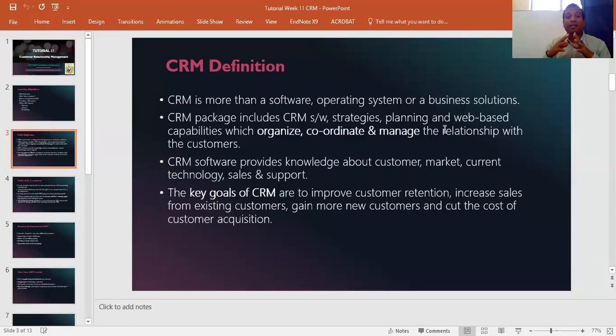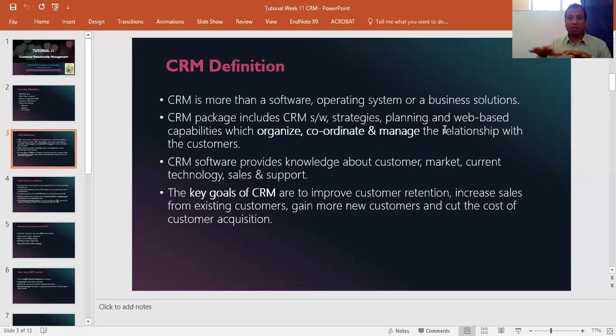But what exactly is CRM is something more than a software, operating system, or a business solution. I mean to say, if you could remember, we talked about the customer insights, so analytics, and also it's more than something. CRM is more than a kind of simple software and services. CRM packages includes, for example, software, different strategies, planning, and the web-based capabilities which organize, coordinate, and manage the relationship with the customer.